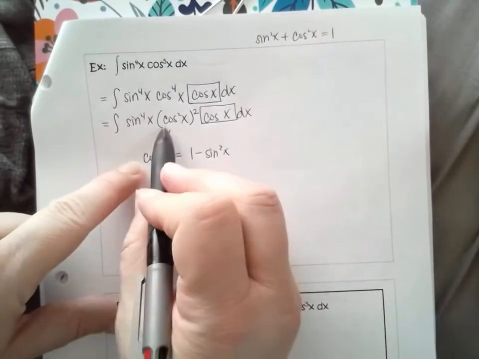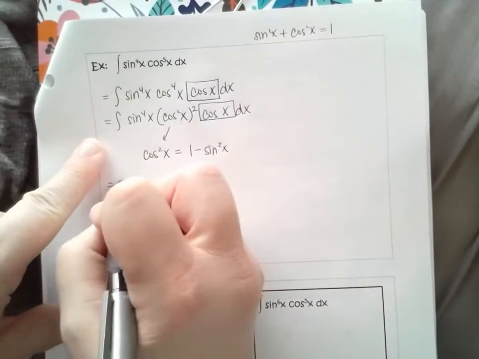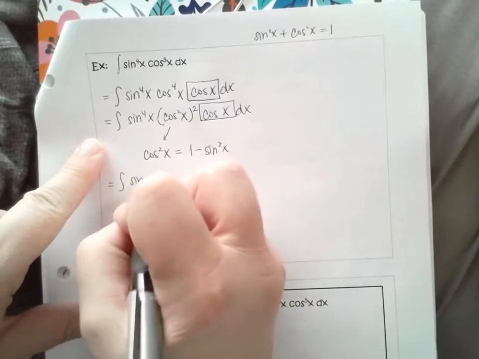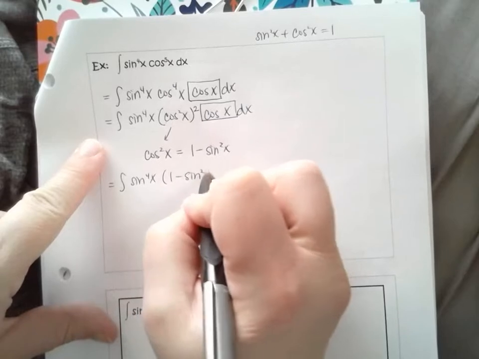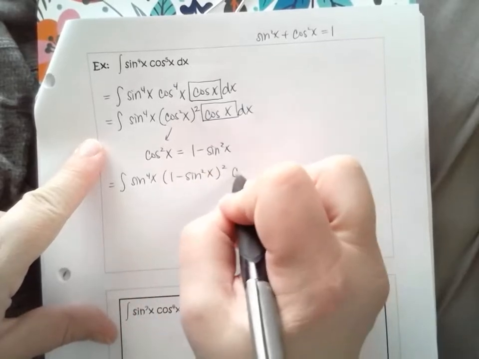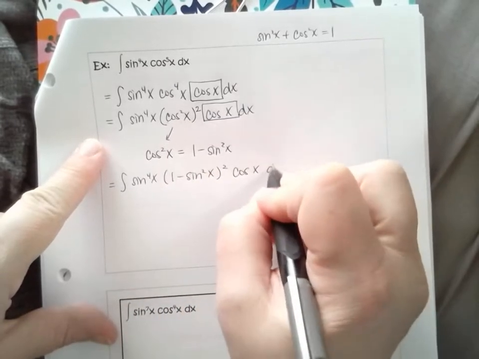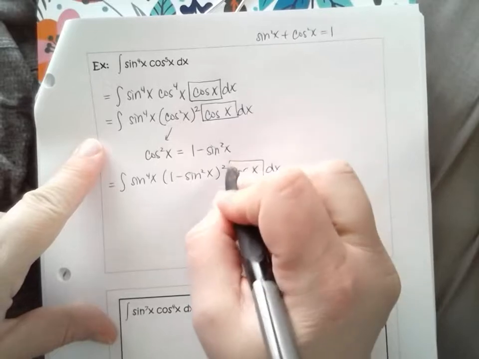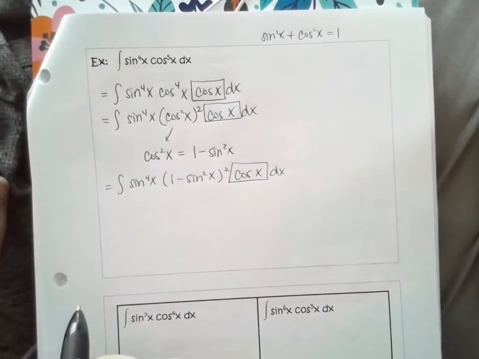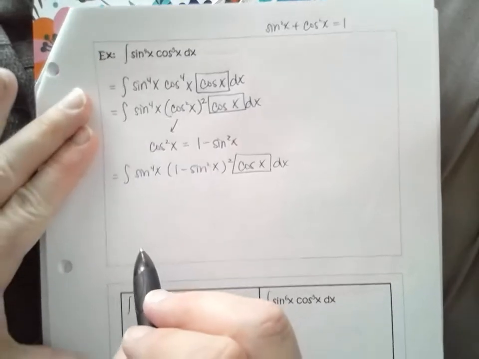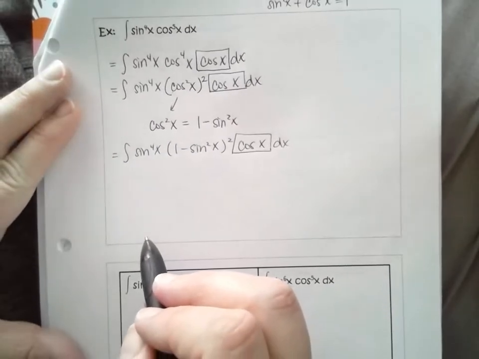All right, so I replaced cosine squared x with 1 minus sine squared x, and you're going to see it kind of unfold, at least what our intentions are going to be here. You will have to do some algebra. It's nothing too terrible. All right, everything here is a form of sine. I do want it to look as nicely as possible.